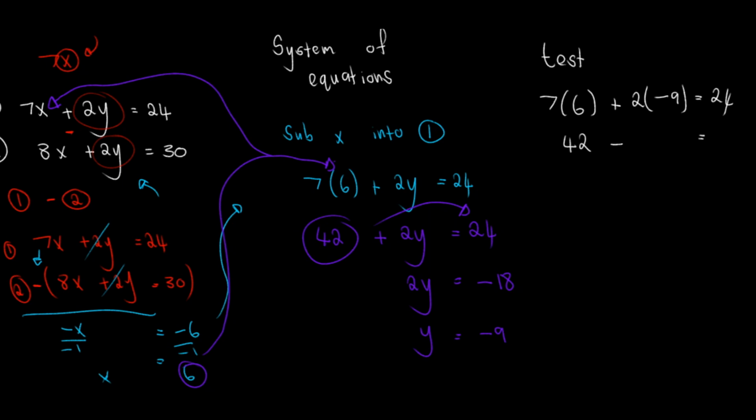Let's see, 42 minus 2 multiply negative 9 is negative 18, should give me 24. And in fact, this is equal to 24 is equal to 24. So if we get this, we are correct. That's how we solve system of equations with same variables.